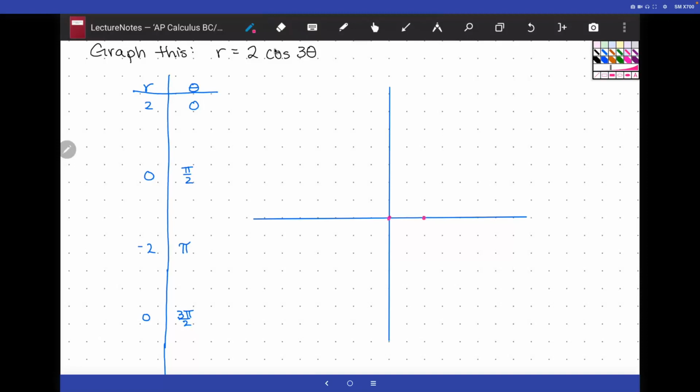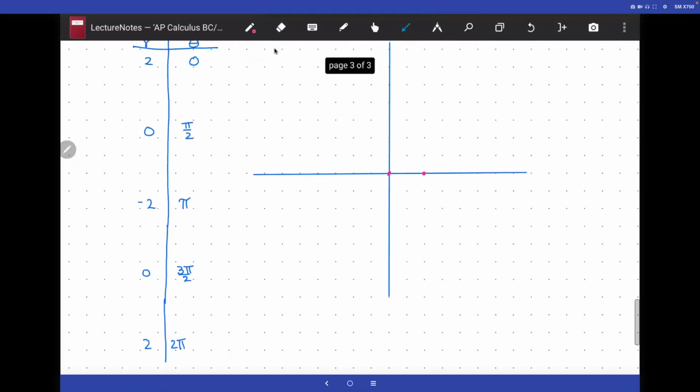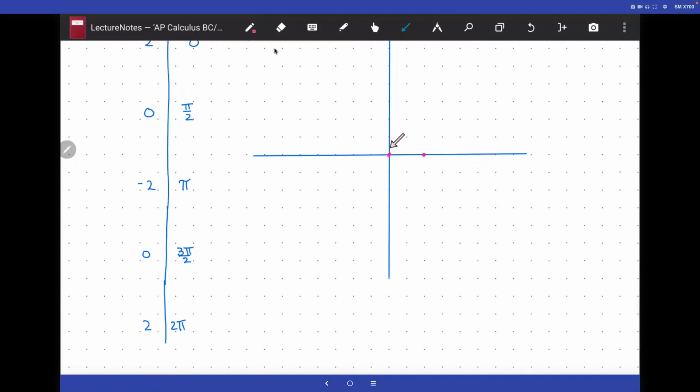Where does negative 2, pi go? How does that negative thing work again? Yeah, it actually puts me right back at the same point. And then 0, 3 pi over 2, and then 2, 2 pi. For 5 points, it really only gave me 2.